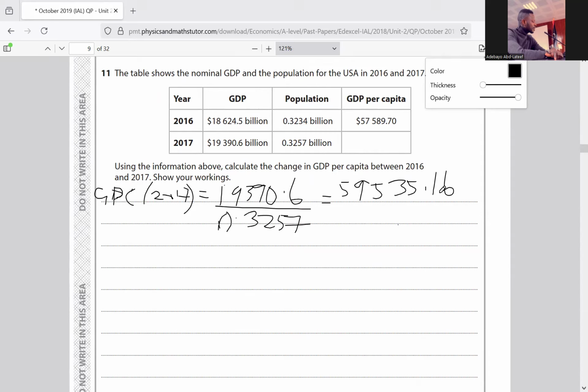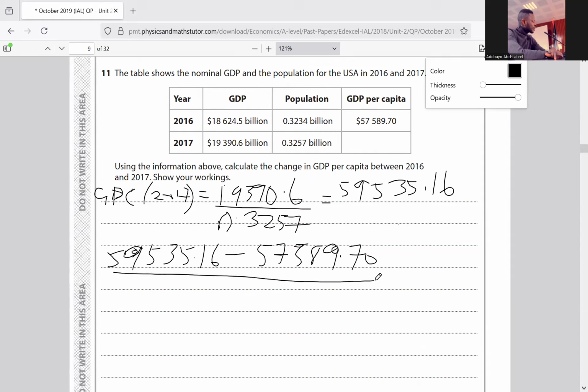So we're going to have 59,535.16 minus 57,589.70, divided by 57,589.70, multiplied by 100.